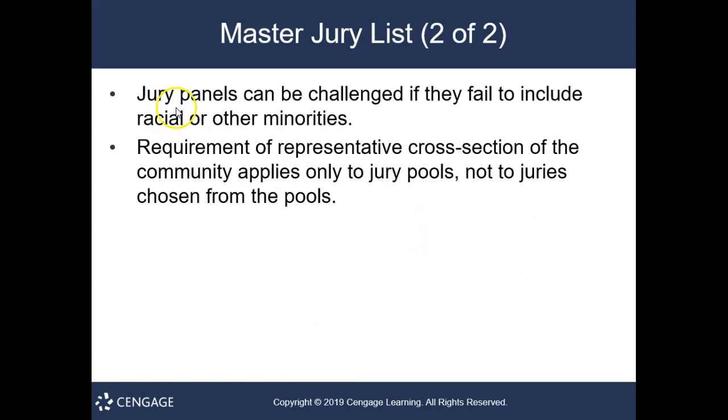All right, jury panels can be challenged if they fail to include racial or other minorities. I had a case, a major drug case against all Hispanic and Mexican nationals, and it turned out that of a panel of 120, we had 3 Hispanics, and in our community in California, we would expect a lot more.